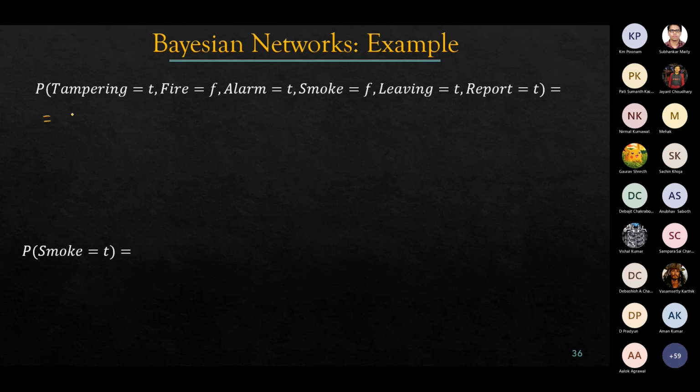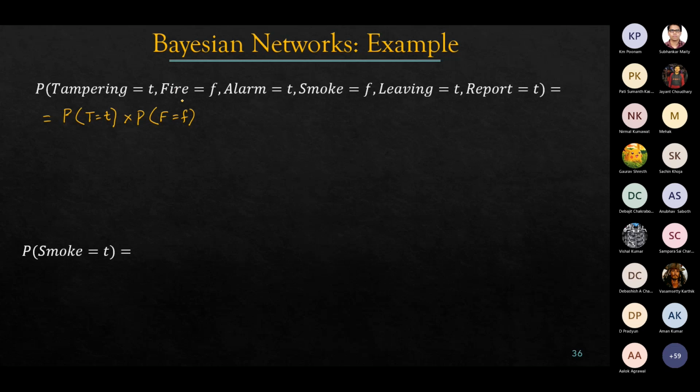We can use the chain rule, and of course we'll be using the conditional independence assumption also, right? So probability of tampering equal to true, multiply probability fire equals false.